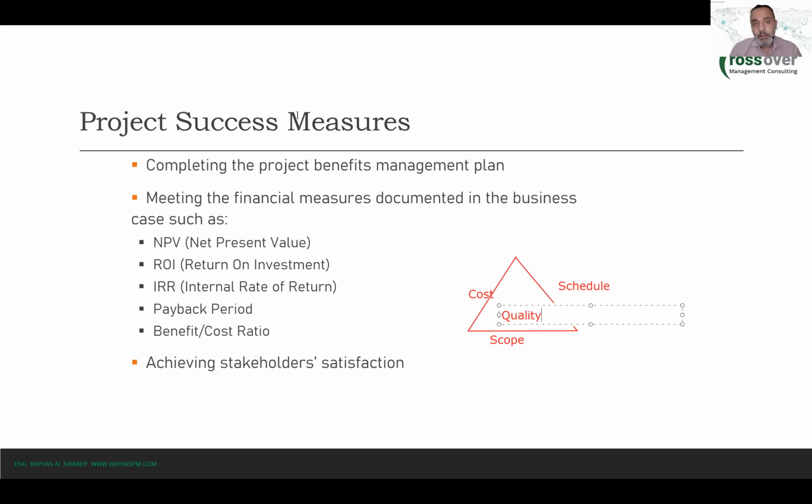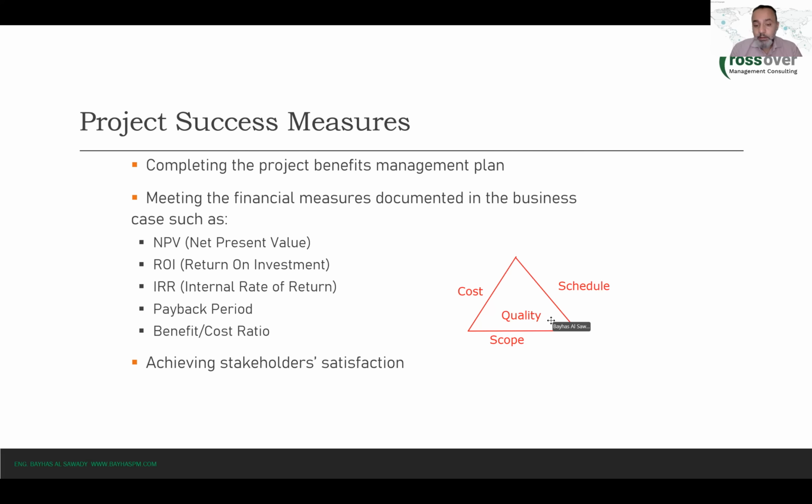right? So since those are the major or the core constraints of any project, previously people tended to define project success as completing the scope of the project within the schedule specified, within the cost estimated or approved, within quality metrics requested.